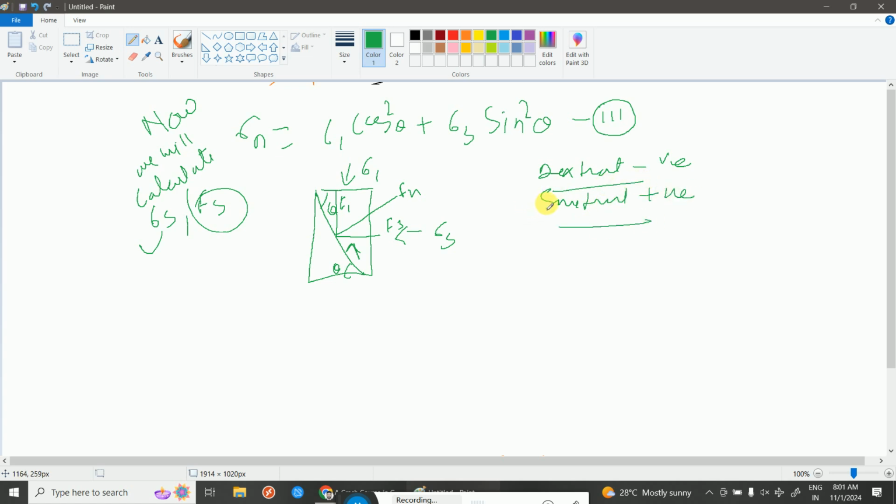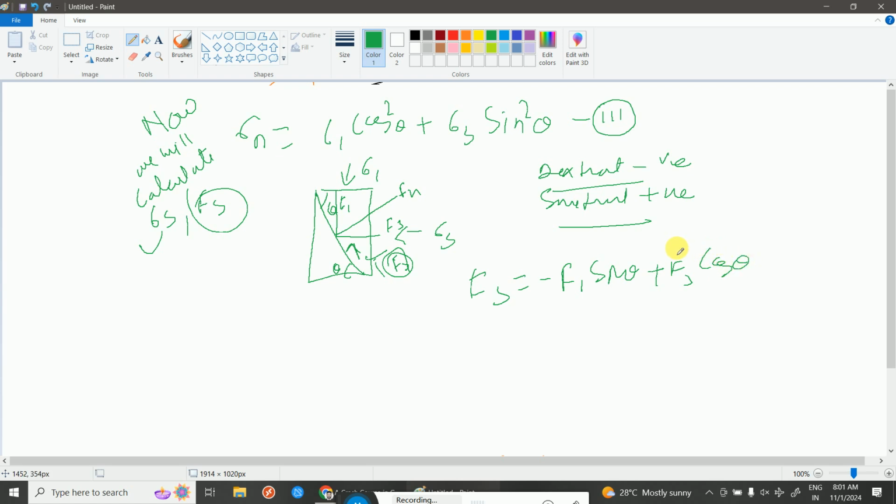Now in the same way, for Fs, Fs is equal to minus F1 sine theta plus F3 cos theta.